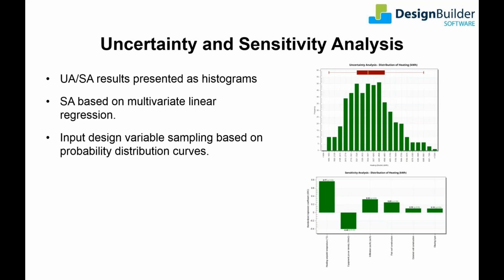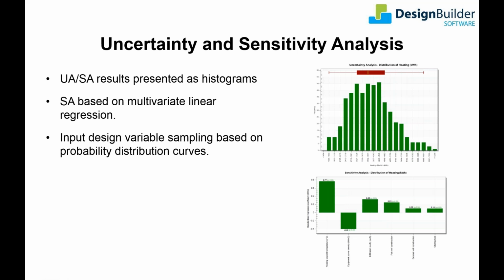calibration process. Looking now at the bullet points on the slide, uncertainty and sensitivity analysis results are presented as histograms with summary statistics and clear descriptions to aid interpretation. Sensitivity analysis is undertaken using multivariate linear regression.